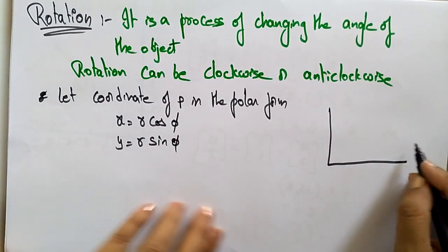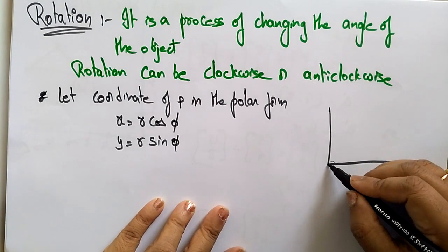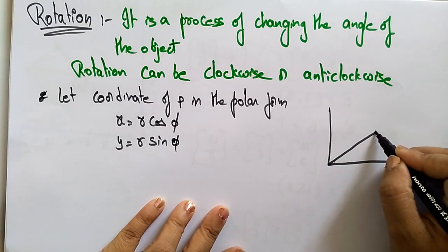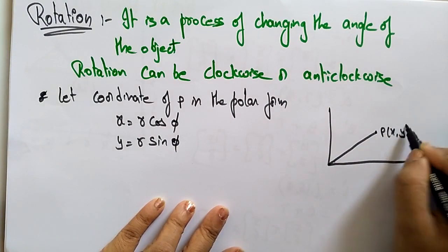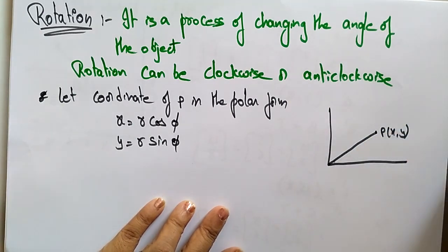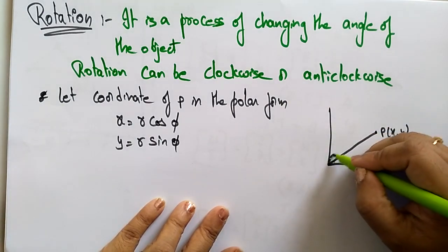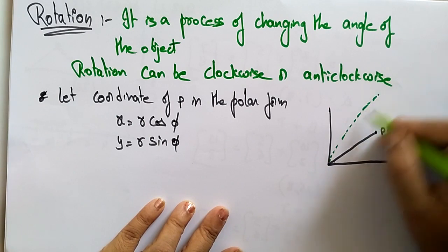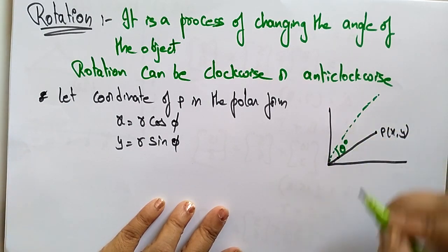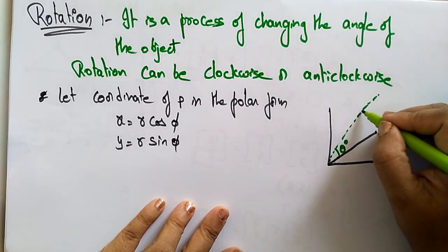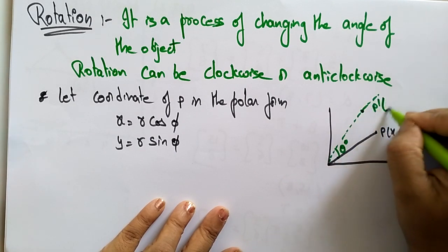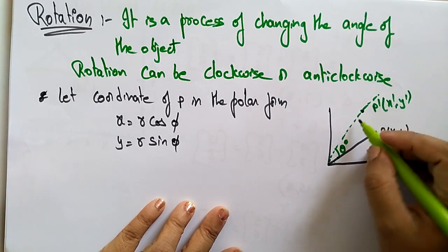This is a coordinate system. Here the object P is there, P(x, y). I want to rotate this object by some angle theta degrees. The new point is P dash, (x dash, y dash).